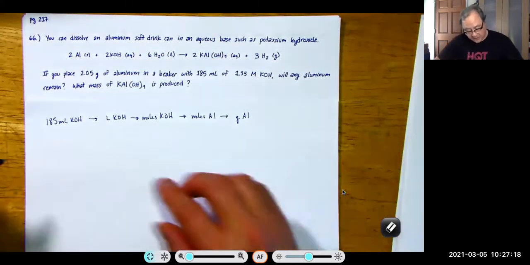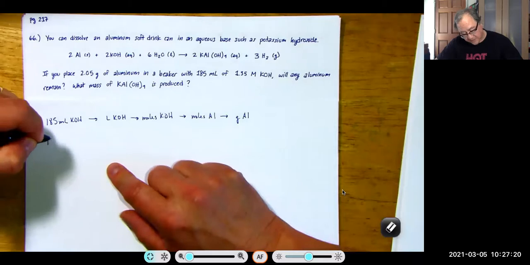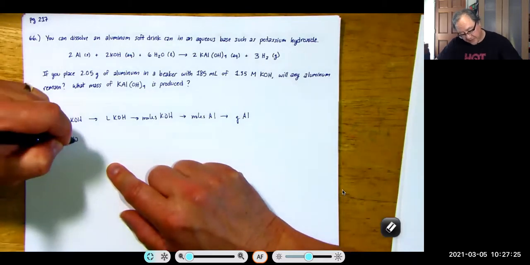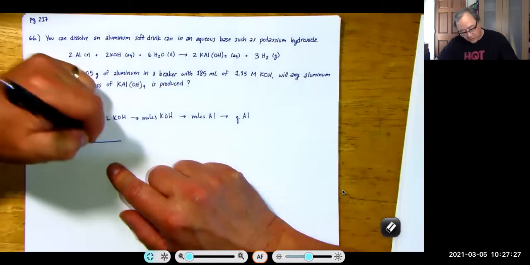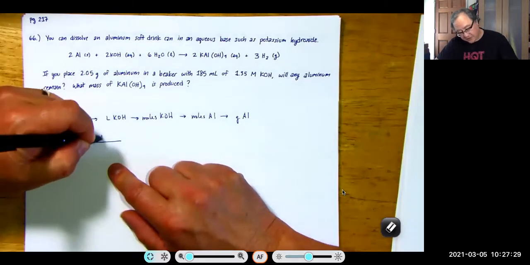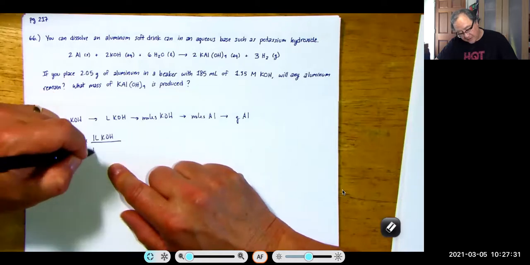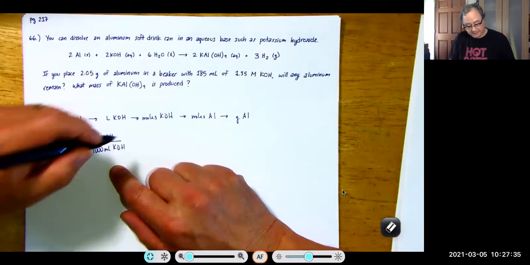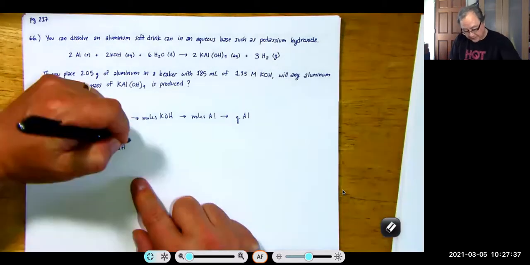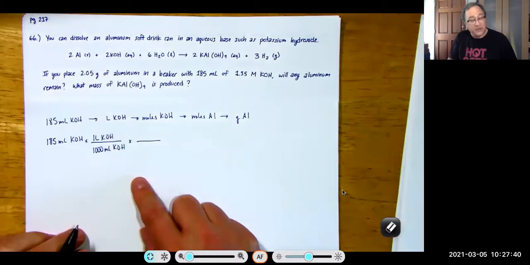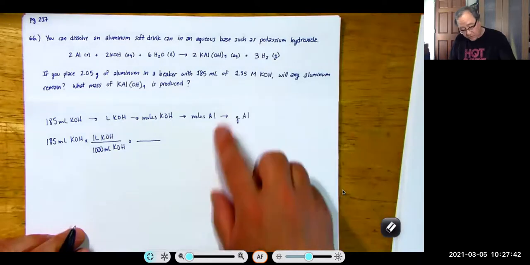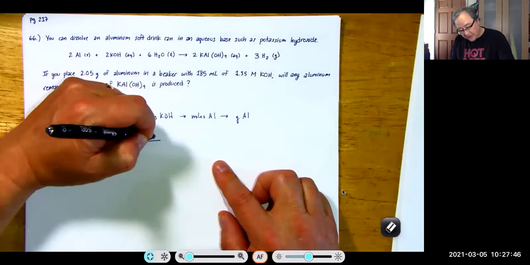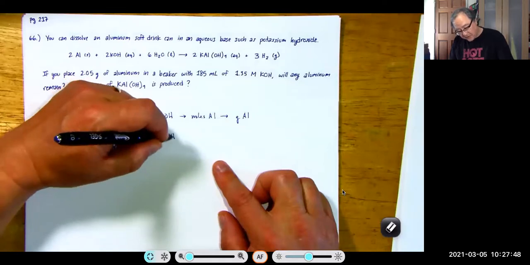So here we go. 185 milliliters of KOH times 1 liter of KOH per 1,000 milliliters of KOH. And then times, the concentration is 1.35 molar, so that's 1.35 moles of KOH per 1 liter of KOH.